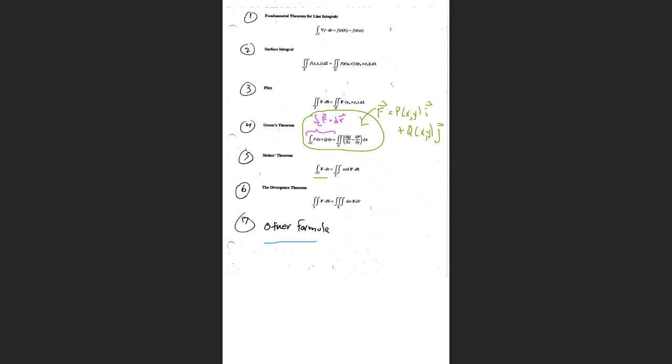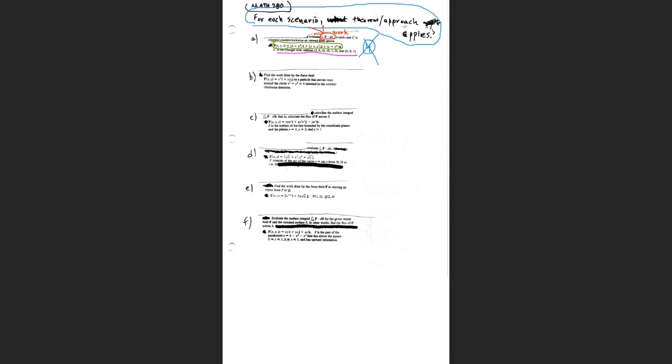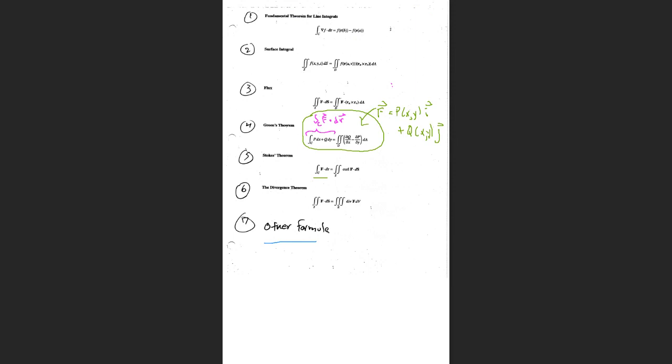In scenario A, we do recognize that this is a closed path, this triangle, right? It's a closed path. So to find work, Green's theorem is for closed paths in two-dimensional space, but Stokes' theorem allows you to find the work that a vector field does in moving a particle once around a closed path in three-dimensional space.